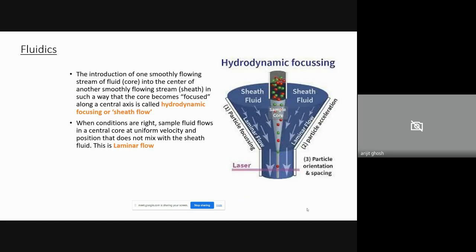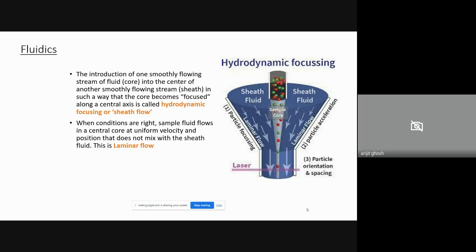So there are two phenomena which are called hydrodynamic focusing and laminar flow. Due to these two phenomena, the sample fluid doesn't get mixed with the sheath fluid in the flow cell.